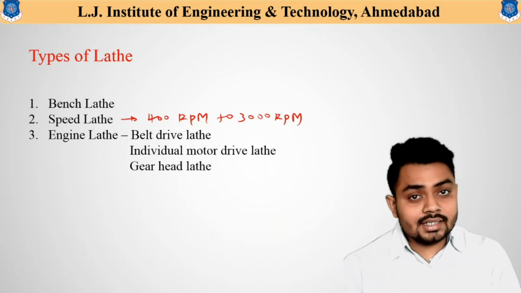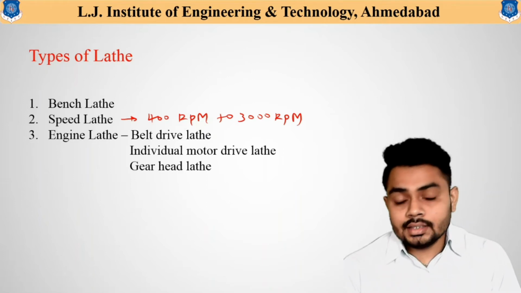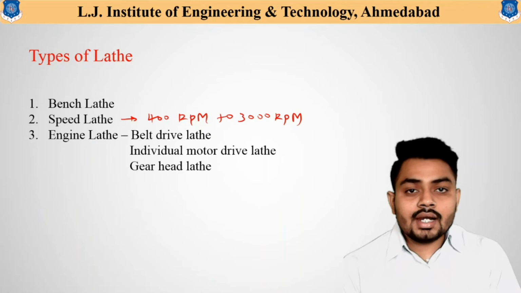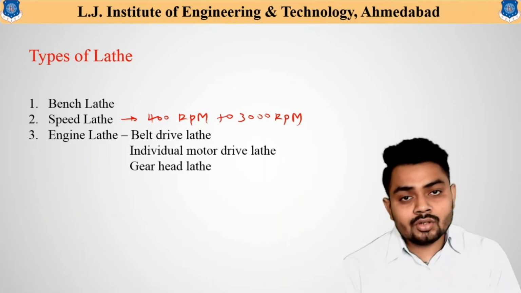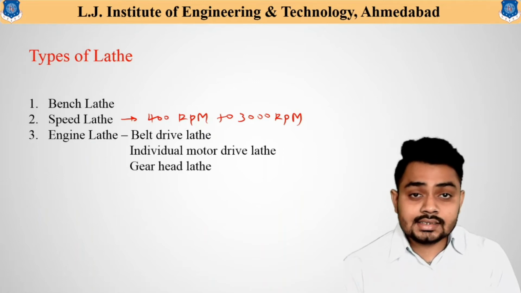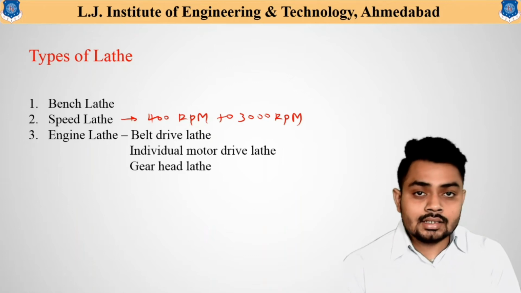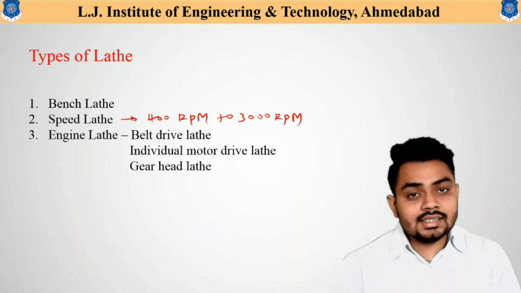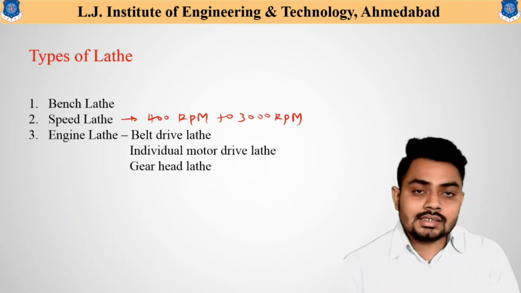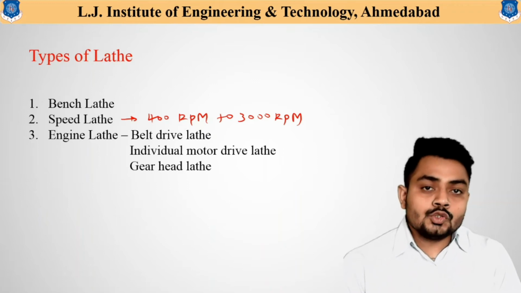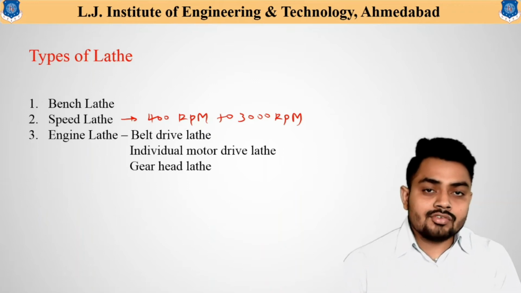In this lathe machine, taper turning can also be done. There are different varieties of operations that can be performed on the engine lathe, and we will discuss them in further lectures. Different varieties of engine lathes are also available, in which the power is transmitted to the workpiece by different means.